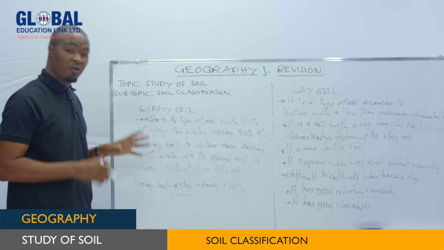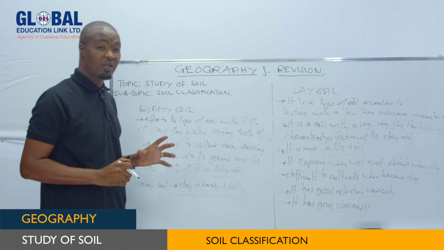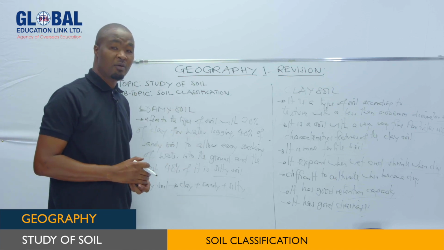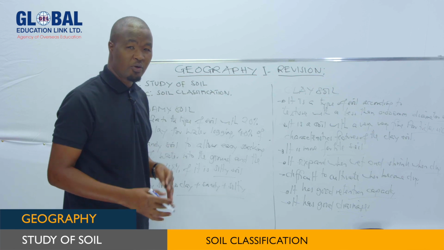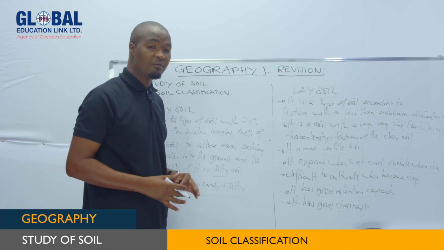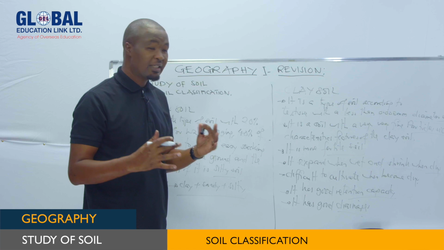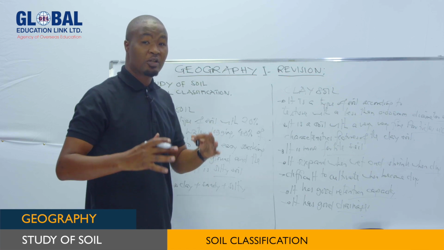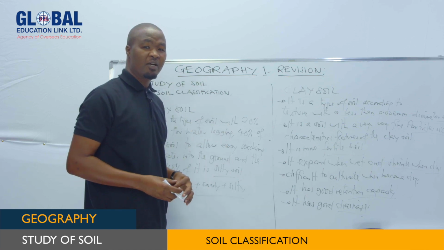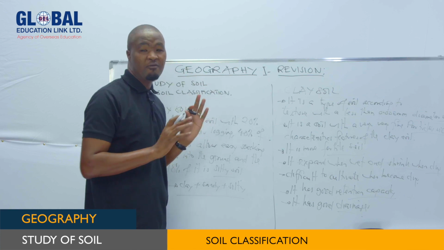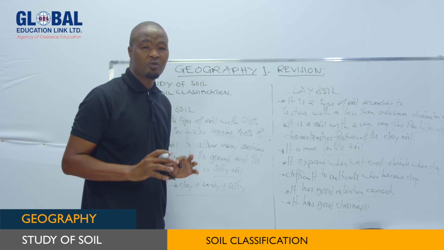So from there, please listen to me very carefully, because this question most of the time may come in your examination. If students are asked to explain or describe types of soil according to texture, you find that they write, we have 4 types of soil according to texture.